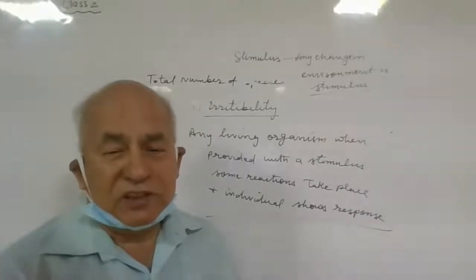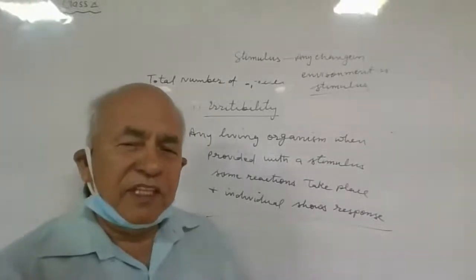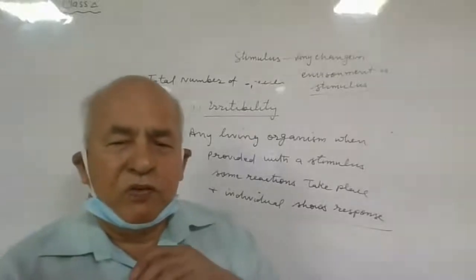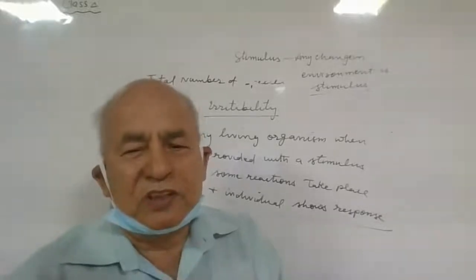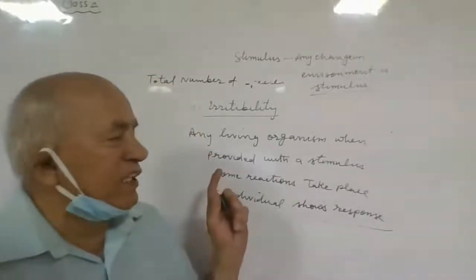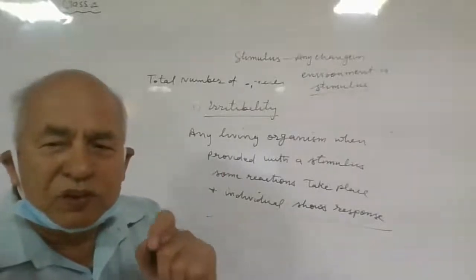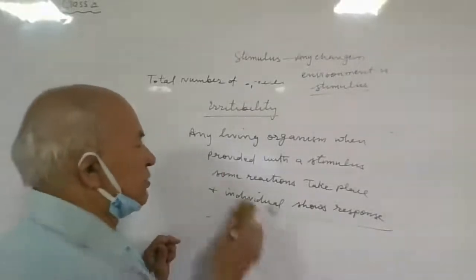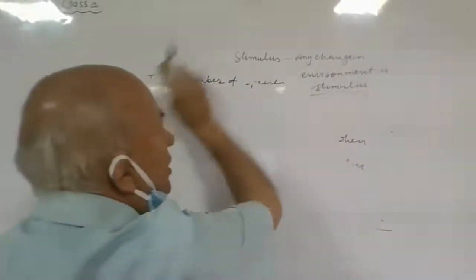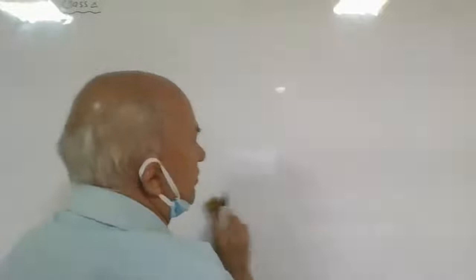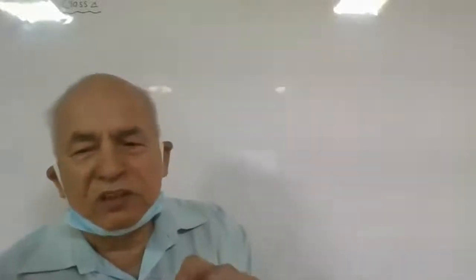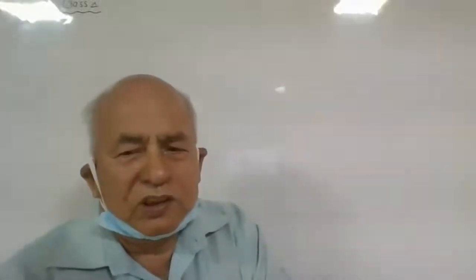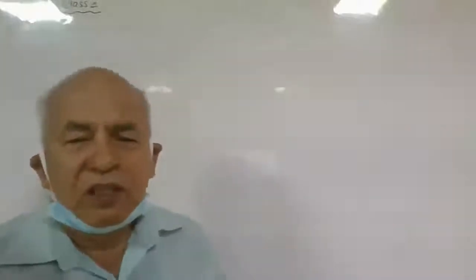That is a stimulus. Then some reaction takes place in your hand and you withdraw your hand, you pull up your hand. That is called a response. So every living organism shows some response to a stimulus. Any living organism, even if you touch an amoeba, it will show some movement, and that is the response. And the touch we give is the stimulus.